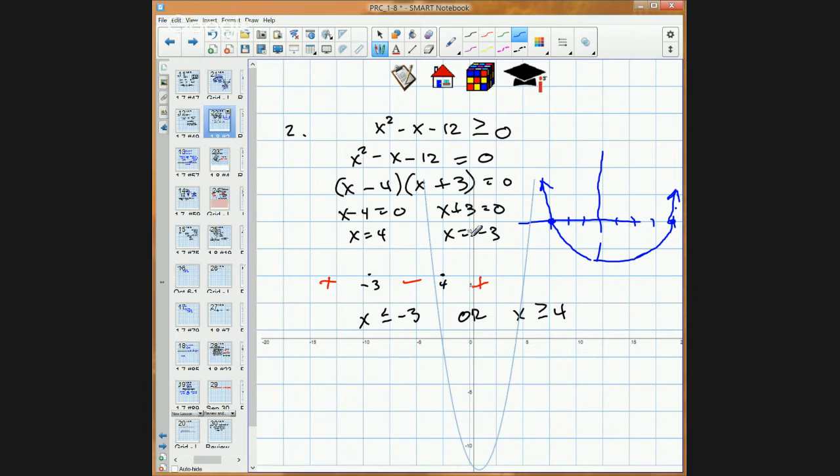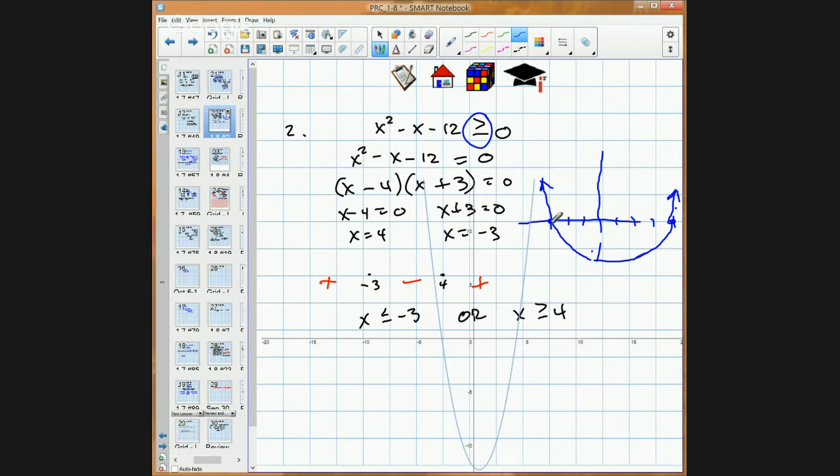When is this parabola above? By the way, you see the difference? It's greater than or equal to, so that means above or on. Again, kind of an ugly sketch here, a little bit smoother. By the way, here's a professional one lurking in the background. When is this parabola above or on the x-axis?